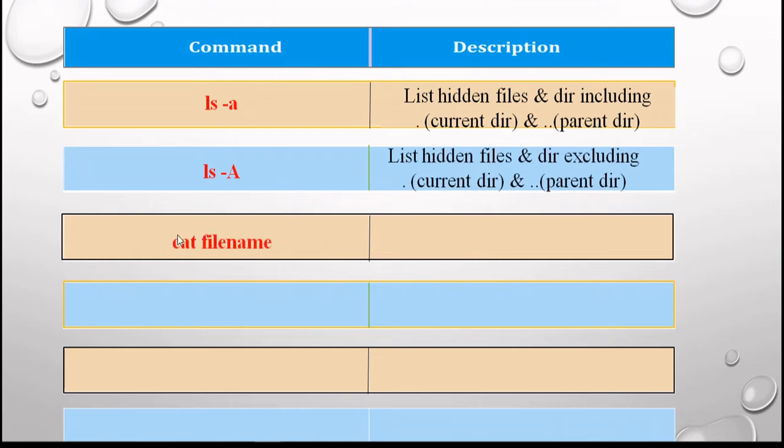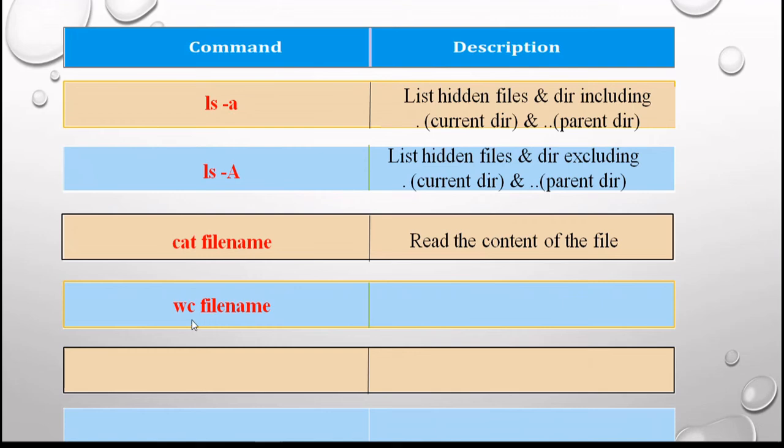Now coming to cat file name, cat has the feature of reading a file, but along with that we can also write into the file, and there are other options also that we will be covering in the later lectures, right? So cat space file name, this particular command will help you to read the content of the given file name.